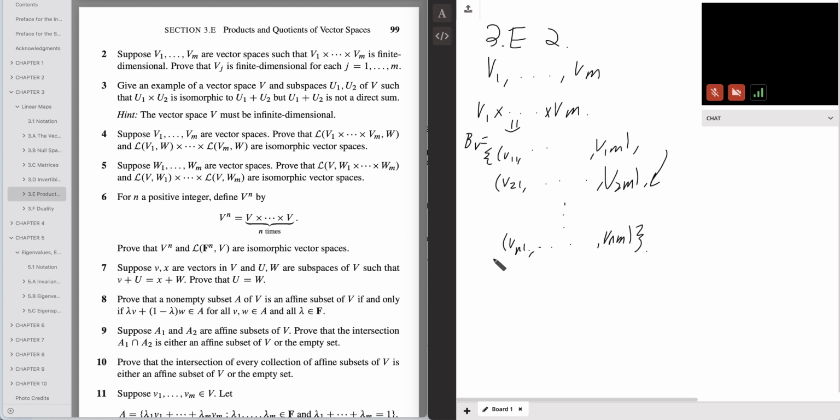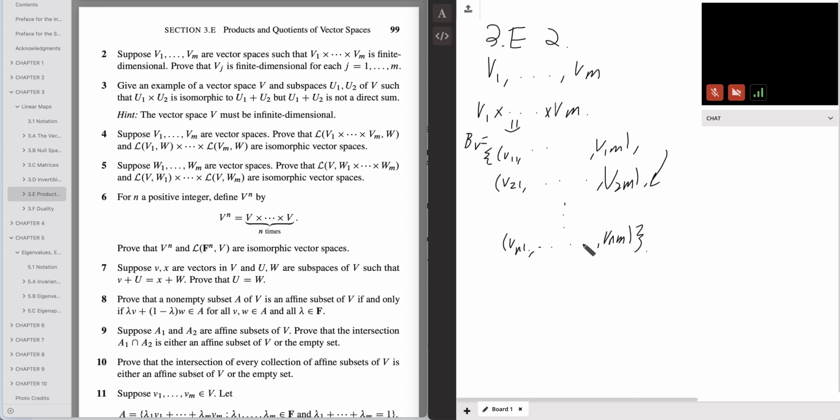And then I claim that the first element of these tuples forms a basis for vector space 1. Indeed, if you choose an arbitrary column in this set of tuples, then the jth column forms a basis for Vj.